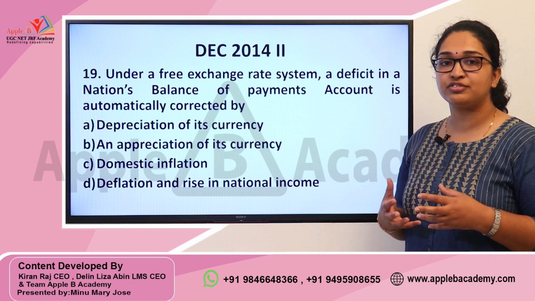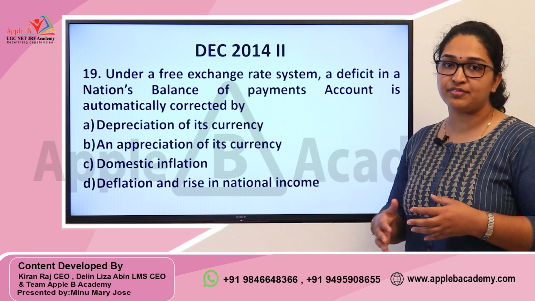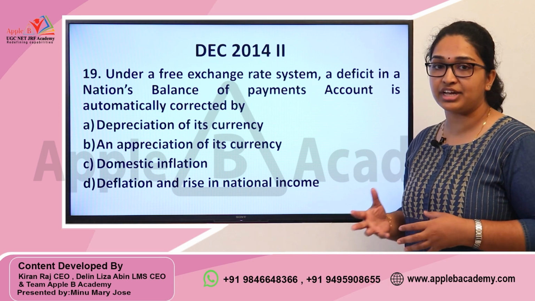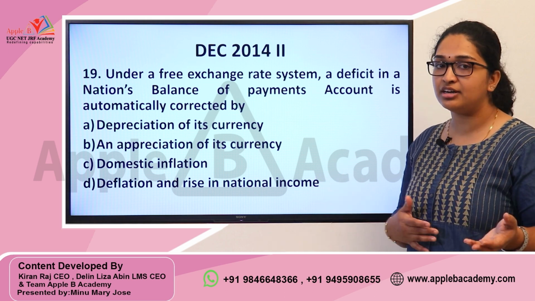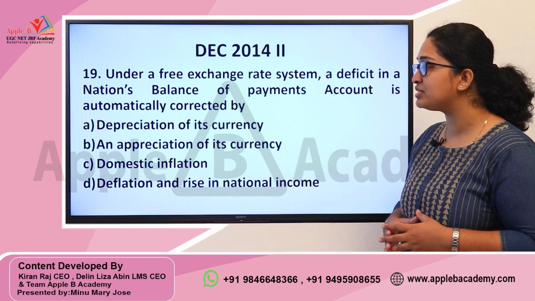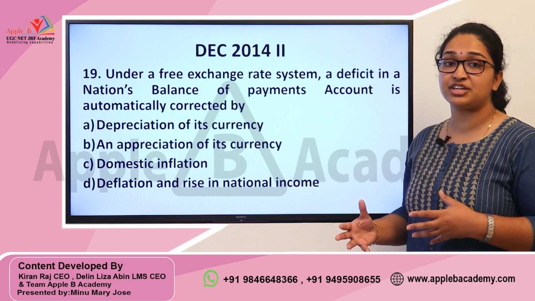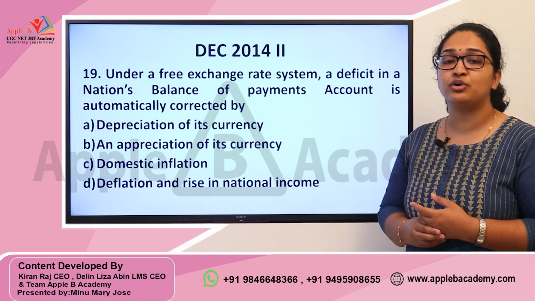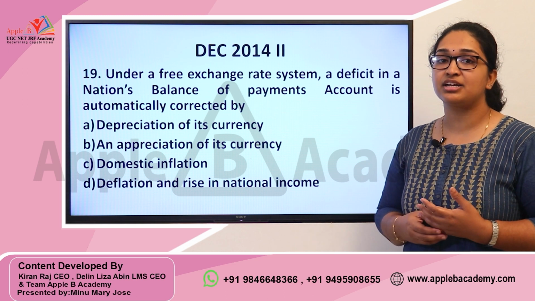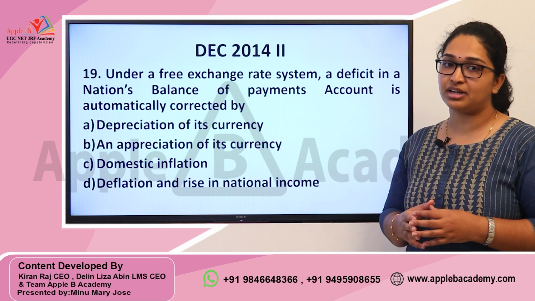It is the fall in the value of that particular currency relative to the value of the foreign currency we are measuring it against. What depreciation is, is again a topic we have already learnt in our previous videos. This depreciation, as we know, will always have a positive impact on the exports of that particular country and a negative impact on its imports.